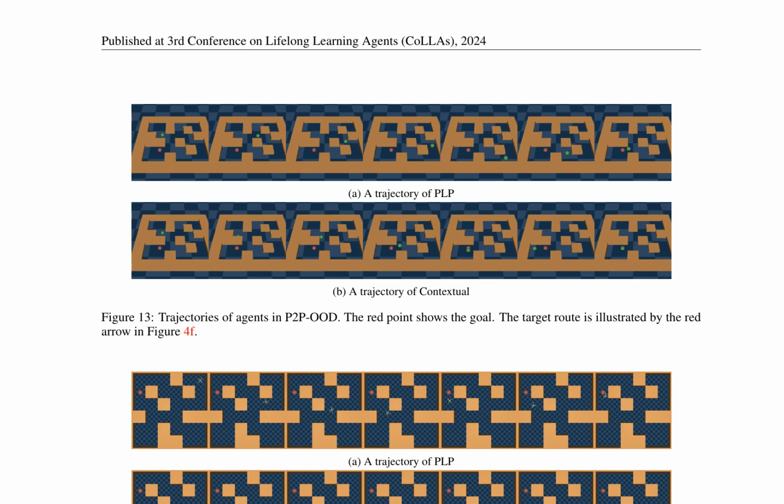The second task, P2A-medium, also involves navigating through mazes but with consistent shapes between point and ant agents. However, the scale and x, y directions of the mazes differ between these agents from the beginning. Figure 14 shows the trajectories of PLP and gamma agents in this task, again with the goal marked in red.